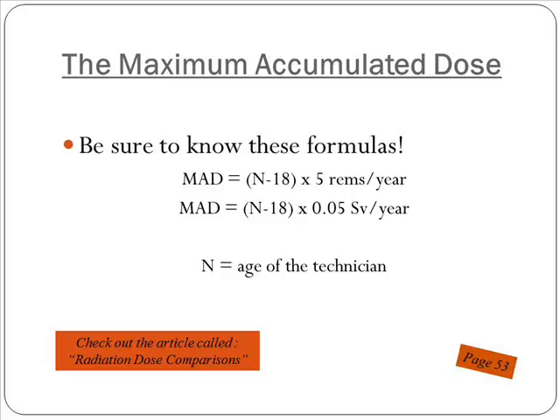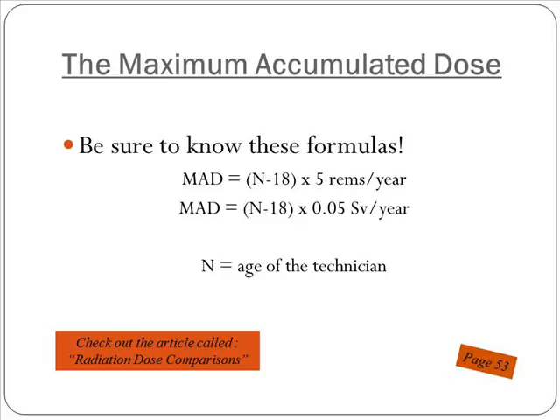It is called the MAD, maximum accumulated dose, and it is equal to N minus 18 times 5, where N is the age of the person we're talking about. So if you're age 30, for example, you would take 30 minus 18, which would be 12, times 5, and that is the maximum accumulated dose you can get for occupational exposure, total exposure in a lifetime. So you definitely need to know this formula for test purposes.